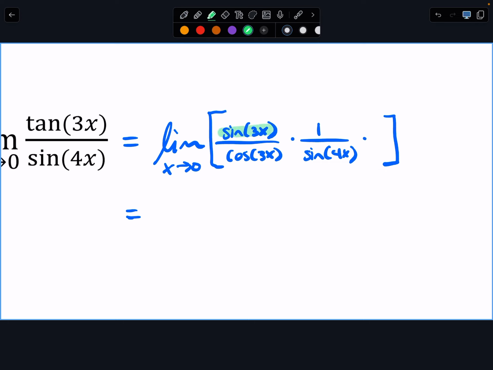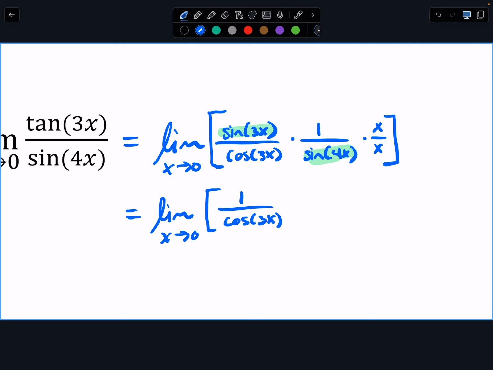I have this sine of 3x, I have this sine of 4x. What if I multiplied by x over x? So then I could think about having the limit as x approaches 0 of 1 over cosine 3x times sine of 3x over x times x over sine of 4x.